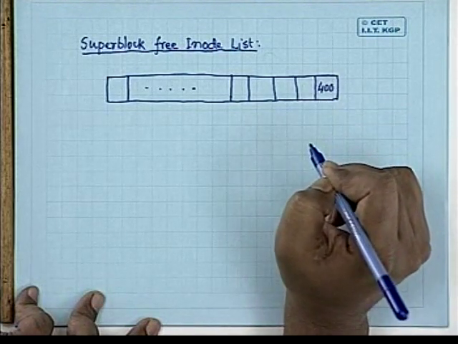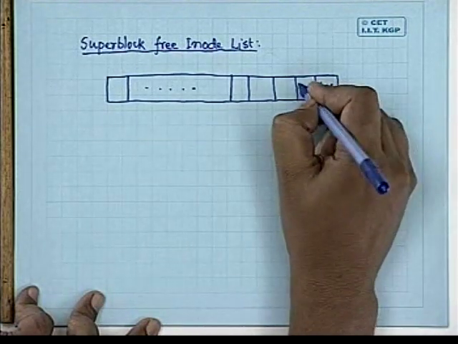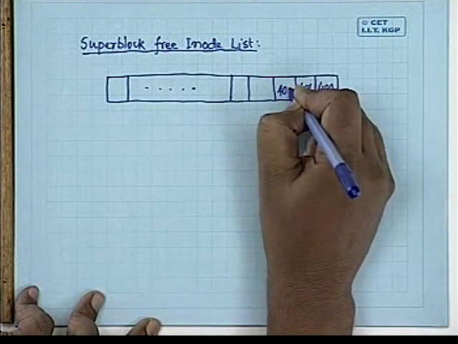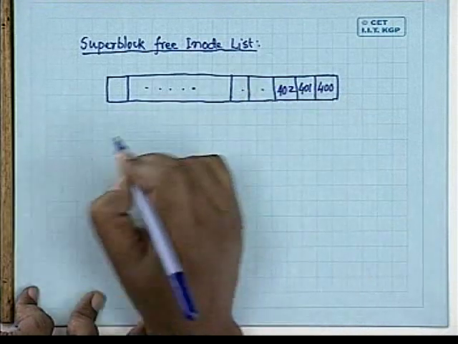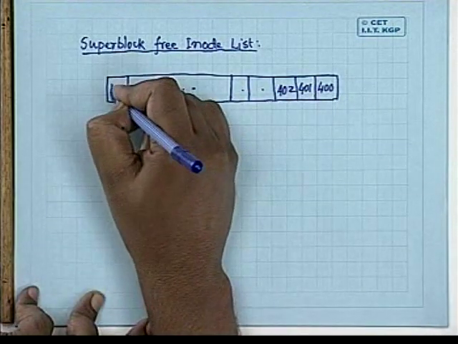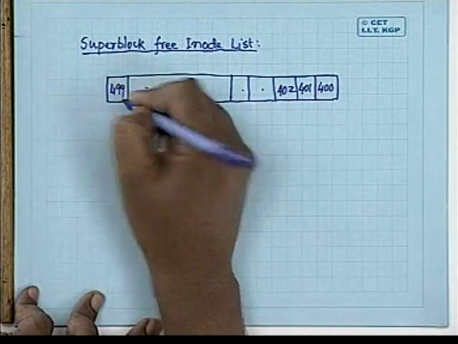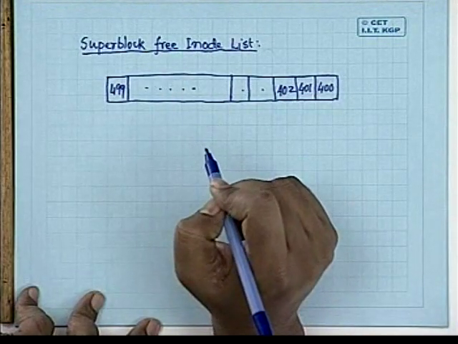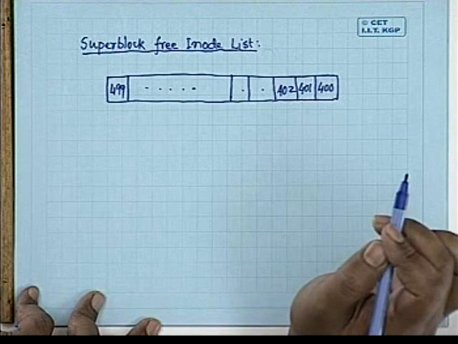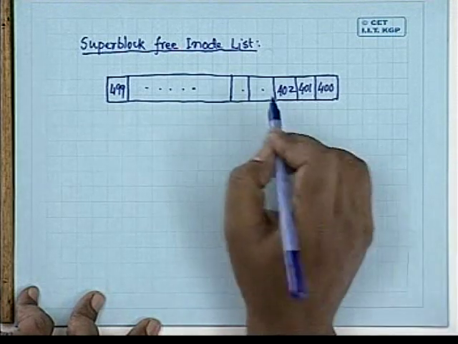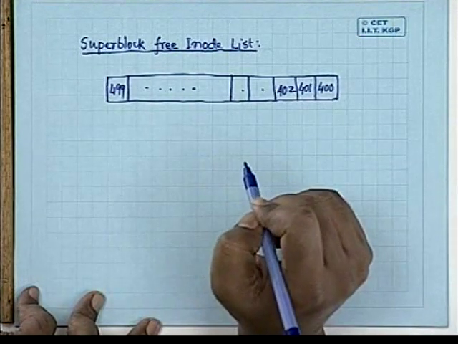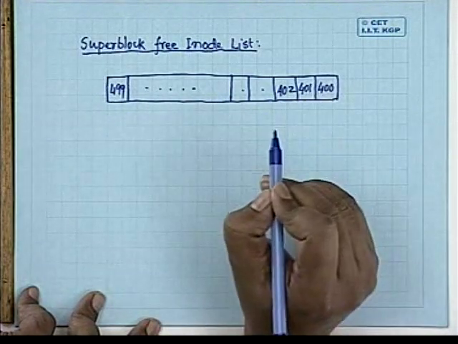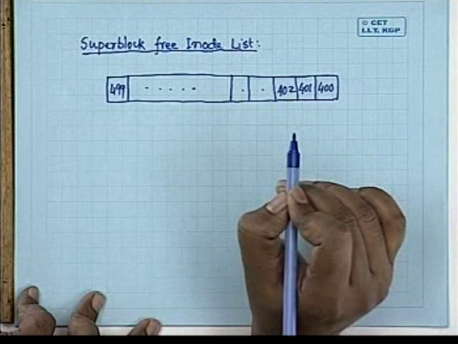So this is 400, this one will be 401, this one will be 402, so like this it will continue, and suppose here the inode number is 499. If I assume that the superblock free inode list contains a list of 100 inodes, it will look like this, and all the entries in the superblock free inode list are currently full.